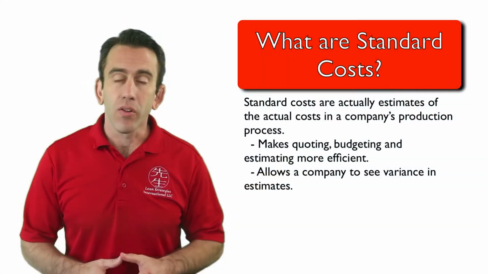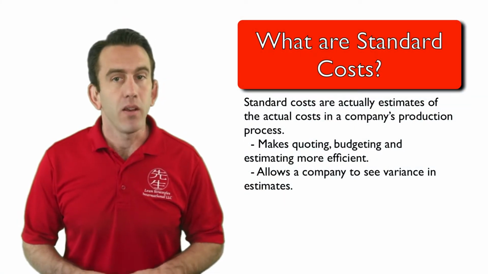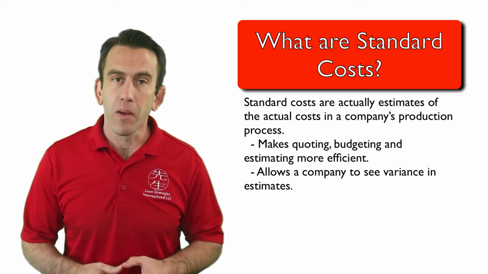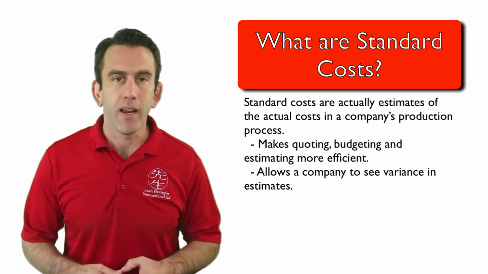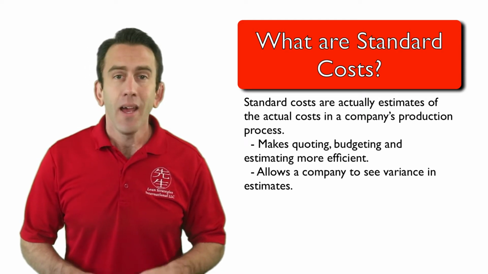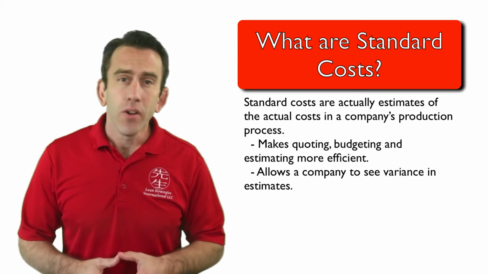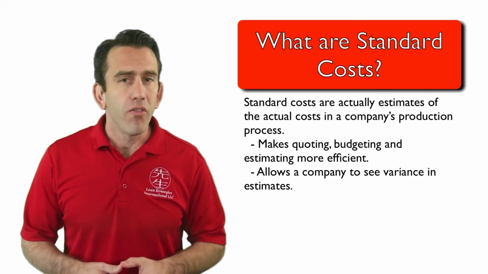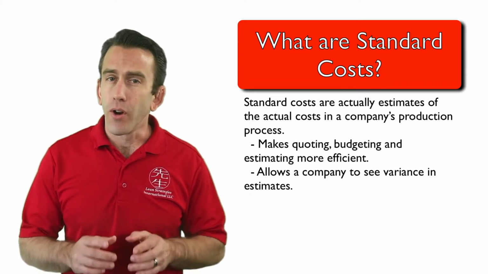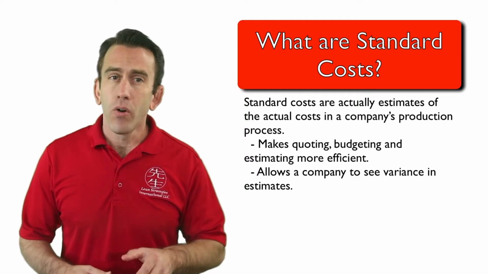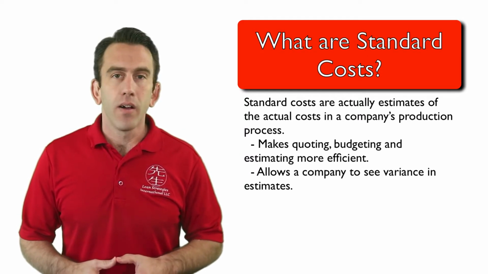Of course, using standard costs allows a company to see variance in the estimates once the actual data has been collected. As was mentioned already, no company can predict all the variables that will occur during manufacturing, so they use standard costs.